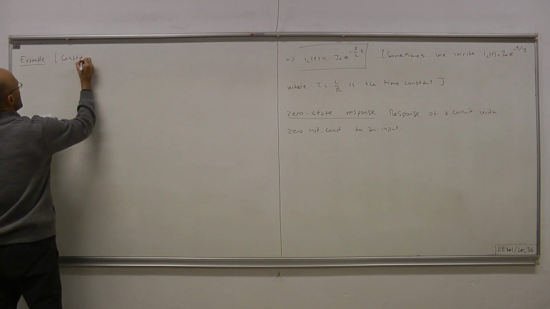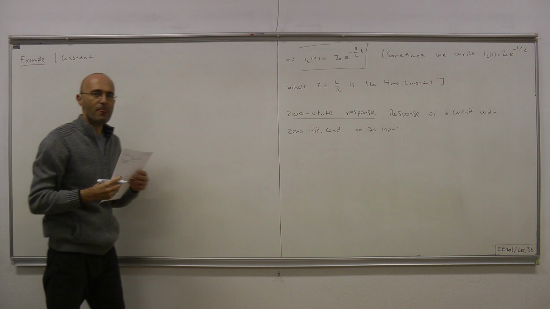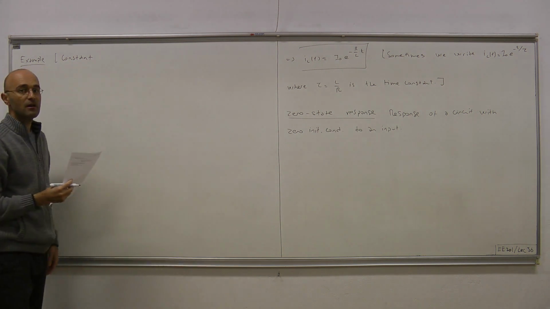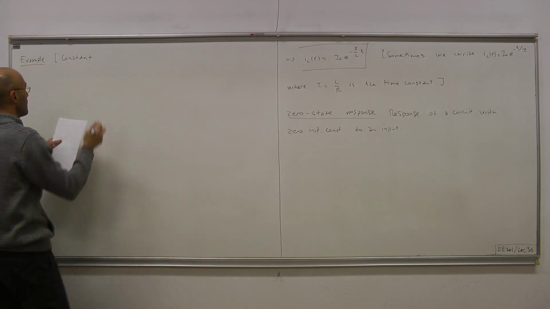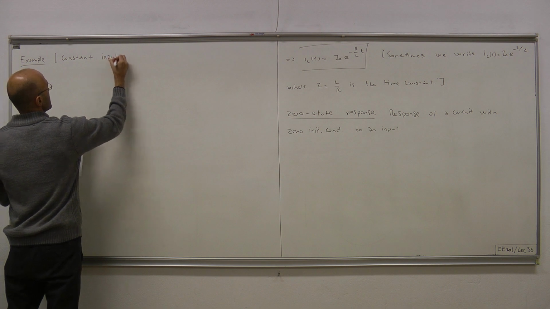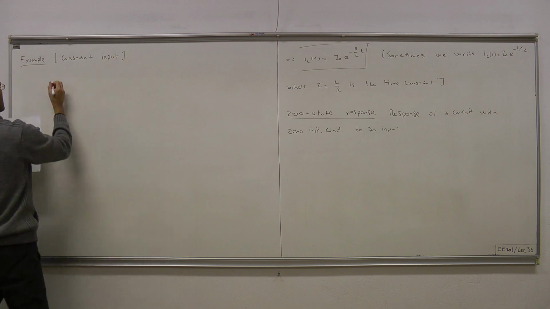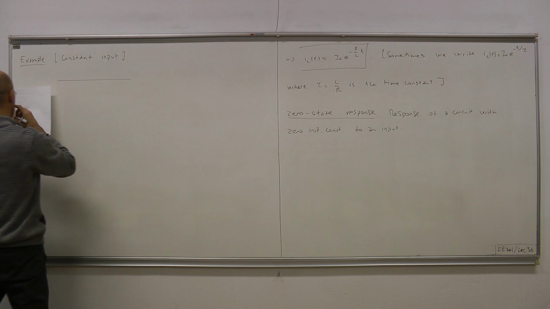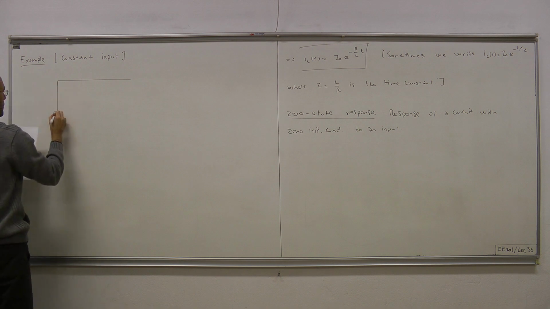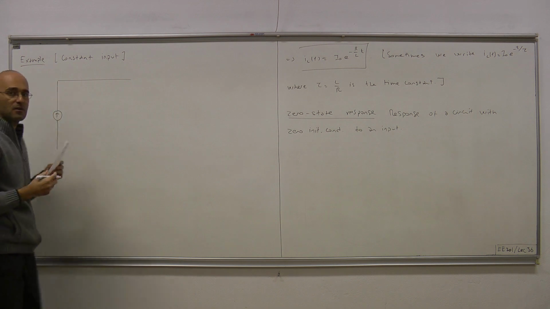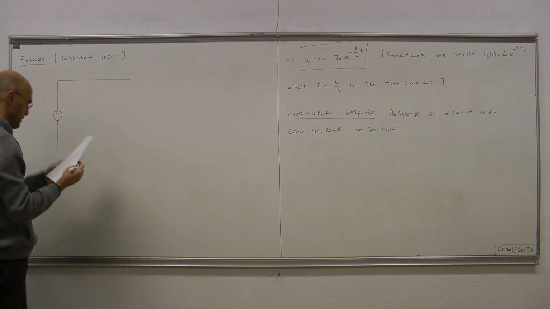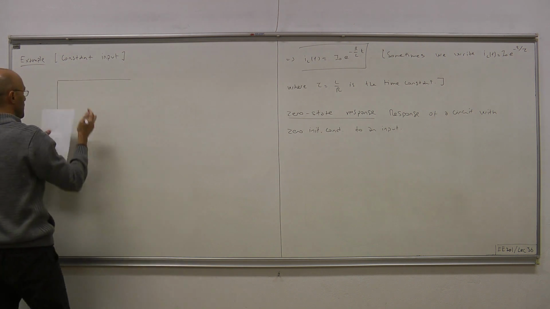In this example, we're going to consider the simplest possible input, that is a constant input. This is the circuit. We have a constant current provided by an independent current source.